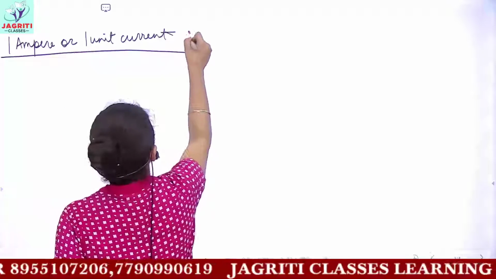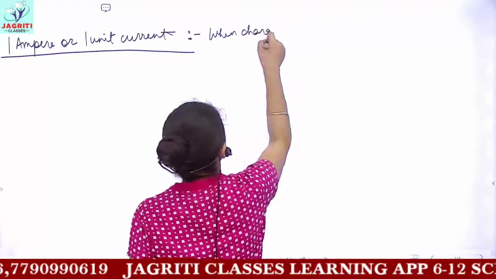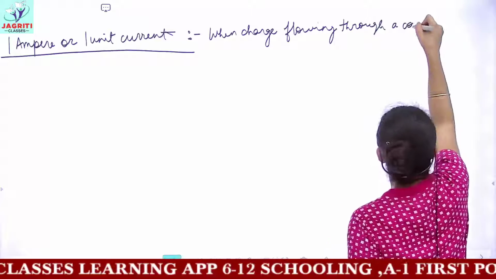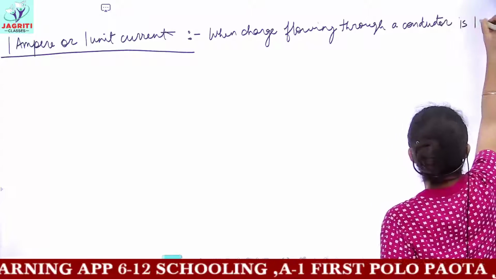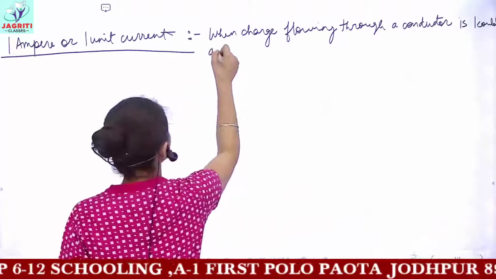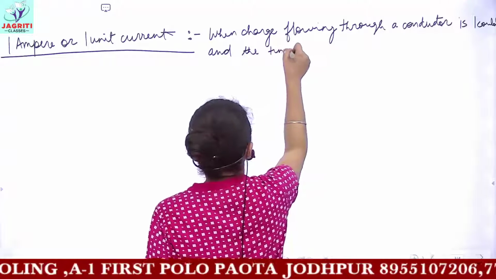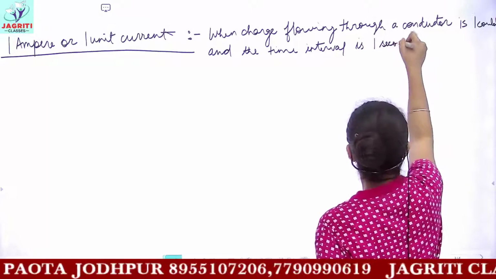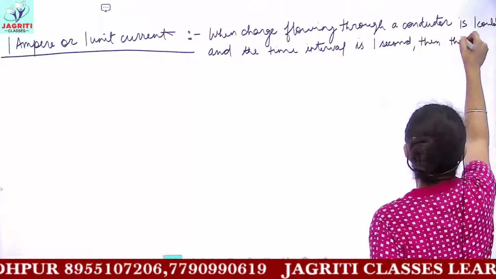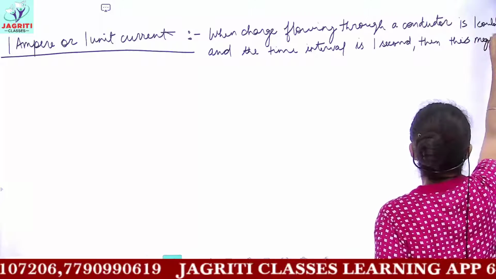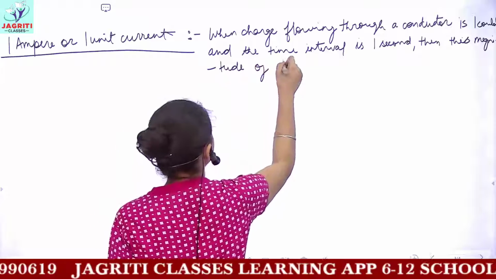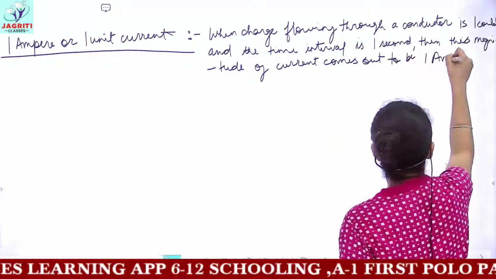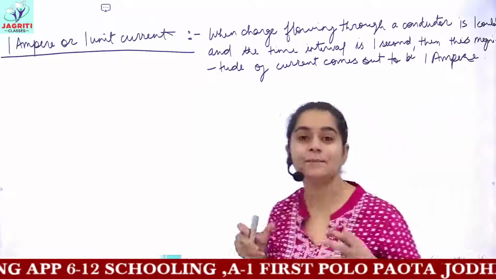So you will define this in a way that when charge flowing through a conductor is 1 coulomb and the concerning time interval is 1 second, then the magnitude of current comes out to be 1 ampere. So in this way you can define 1 ampere of current, okay?